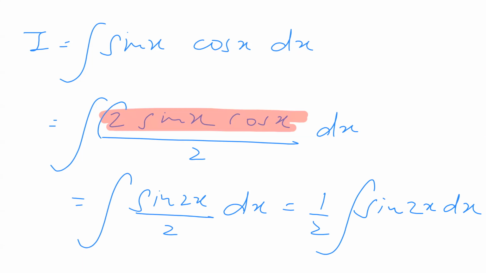The purpose of placing this 2 over here was so that I could apply the half angle formula in the numerator. And remember, no product rule or quotient rule is there in this chapter of integration. So half sin 2x integration is minus cos 2x upon d by dx of 2x. Chain rule.